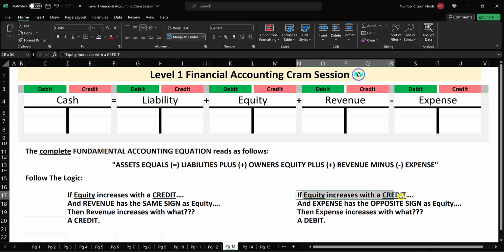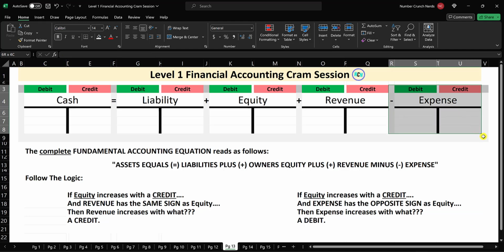If equity increases with a credit and expense has the opposite sign of equity, which it does, let's go up here, expense is a minus, expense is a negative in this equation. So assets equals liabilities plus owner's equity plus revenue minus expense. So expense has the opposite sign of equity.